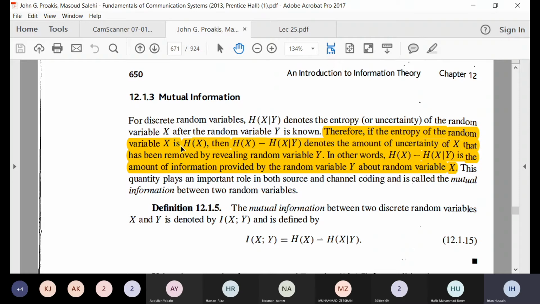If we have a random variable x, entropy is H(x), but H(x) minus the entropy of x given y actually reduces the amount of entropy of H(x), or reduces its information, by removing the uncertainty about x with the knowledge that random variable y was known. So this is called the amount of information provided by random variable y about random variable x, and this is called mutual information.